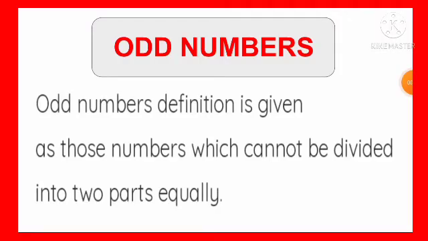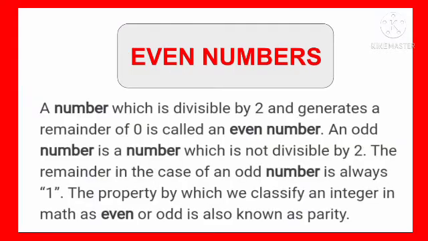Odd numbers. Odd numbers can be defined as those numbers which cannot be divided into two parts equally. Even numbers, a number which is divisible by 2 and it can be divided into two parts equally.